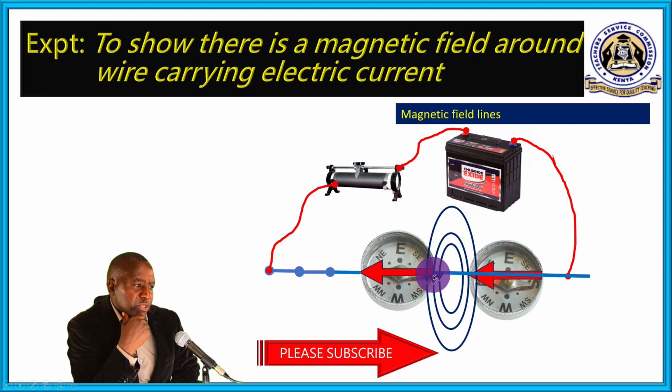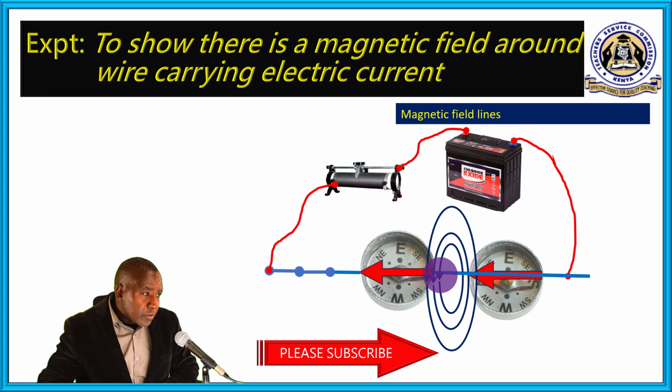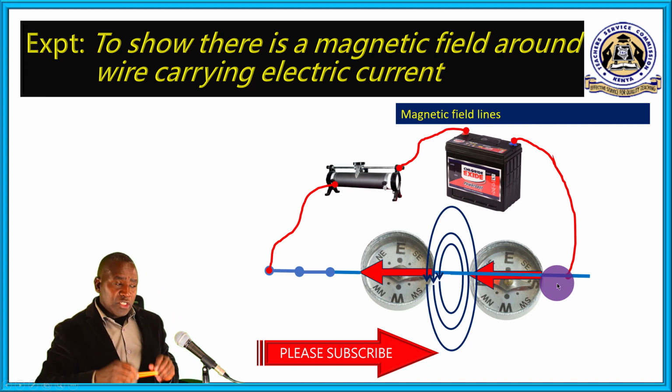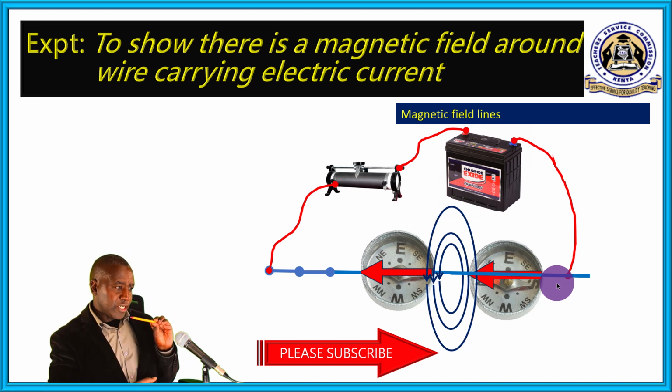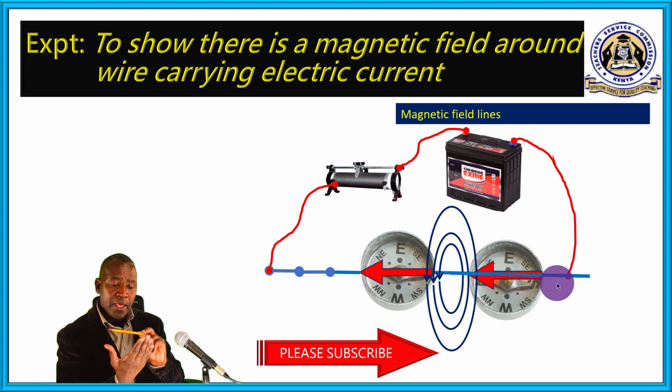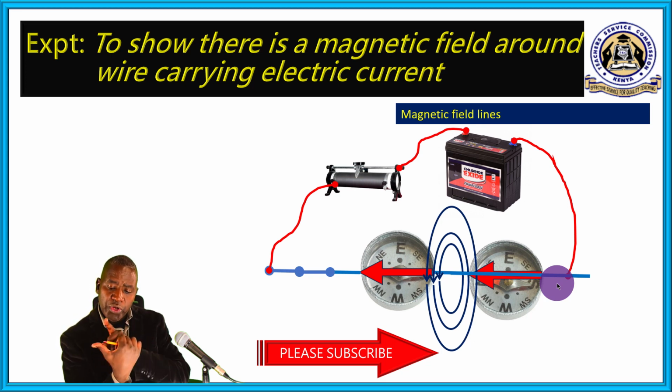Let's see whether we can use a simple rule to determine the direction of these arrows. The current is flowing in this direction, from this point to this direction like this. So imagine that is a conductor, it's pointing in that direction, and now I'm going to hold the conductor in my right hand with my thumb pointing in the direction of the current through the conductor, and my fingers will show the direction of the magnetic field.